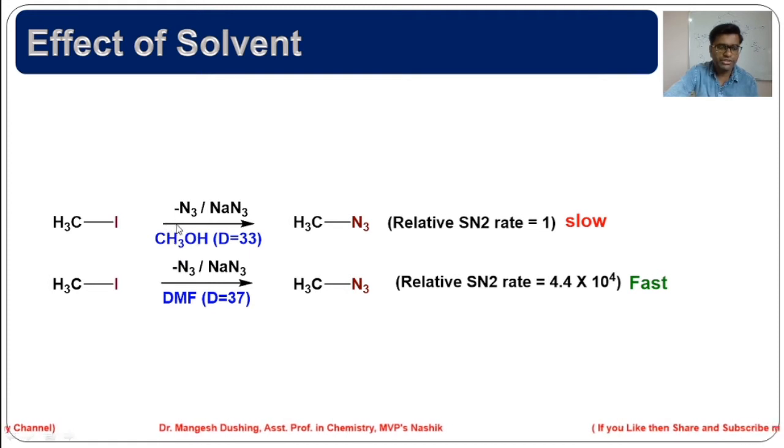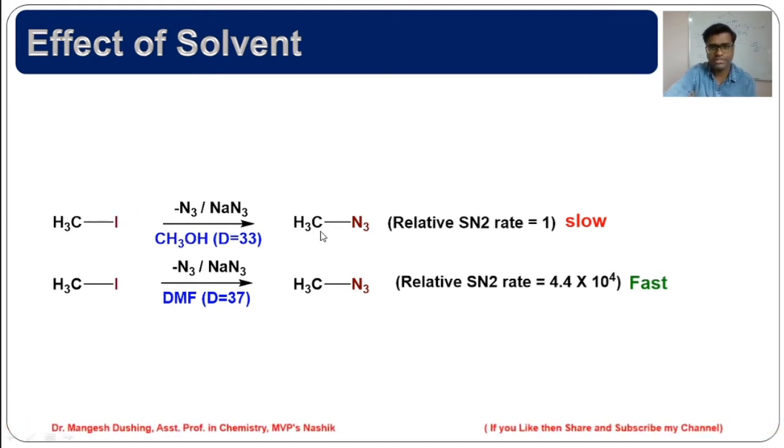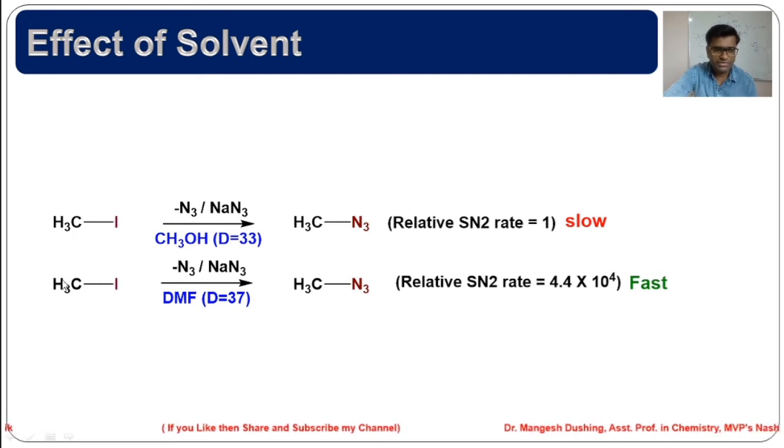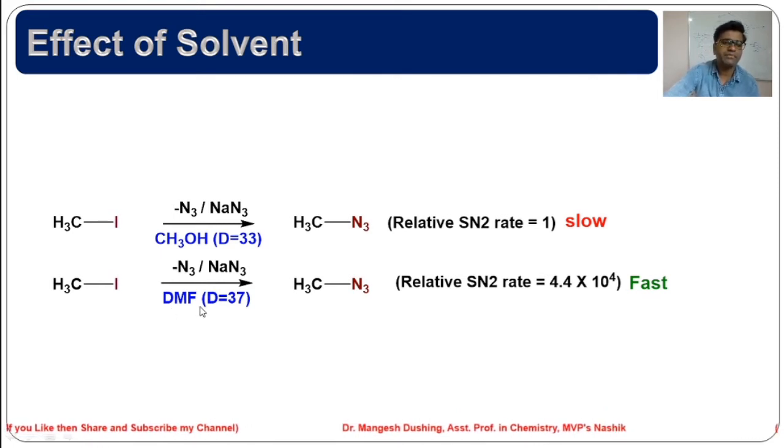In this SN2 substitution reaction, our product is methyl azide, as iodine is replaced by the azide group. The relative SN2 rate will be 1, that is, slow. But if we use the same substrate and the same nucleophile and just change the solvent to DMF, dimethylformamide.